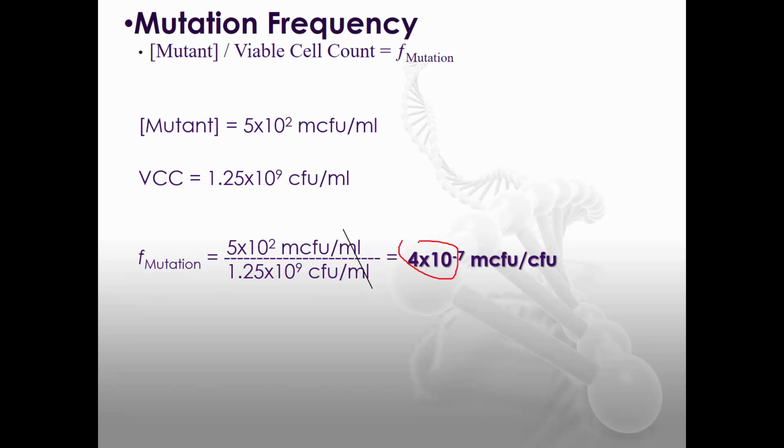So this is a small number, much less than 1. And that makes sense. If it were a number bigger than 1, that would mean there were more mutants per cell, but mutants are cells. So that should be the logic. Whenever you do a problem like this, you should think, does the number make sense? Well, there shouldn't be more mutants than cells if mutants are cells.